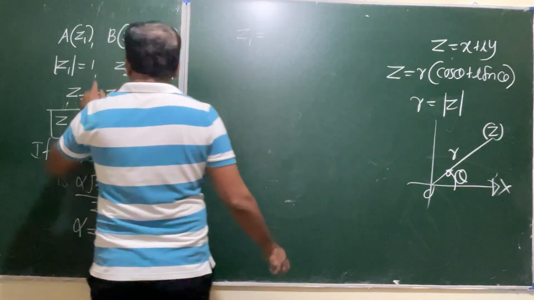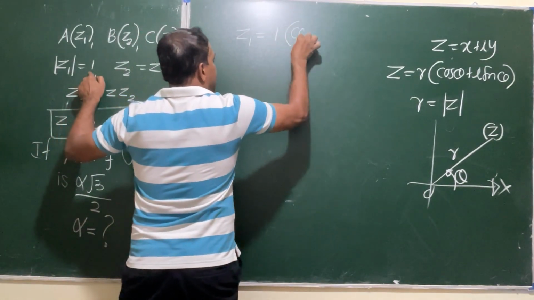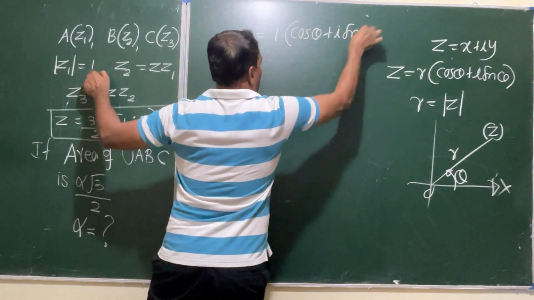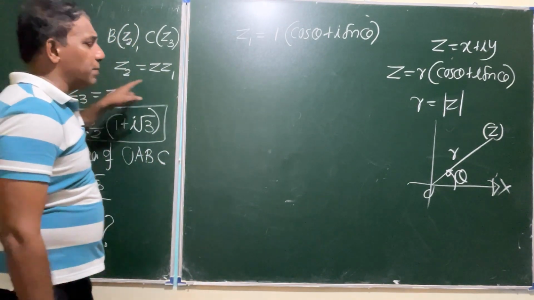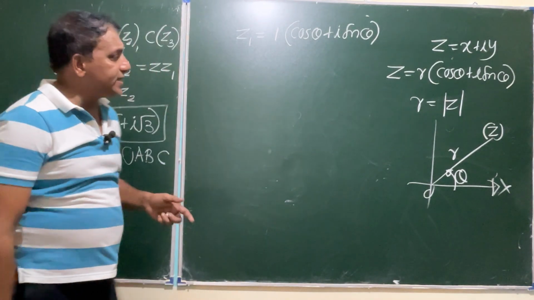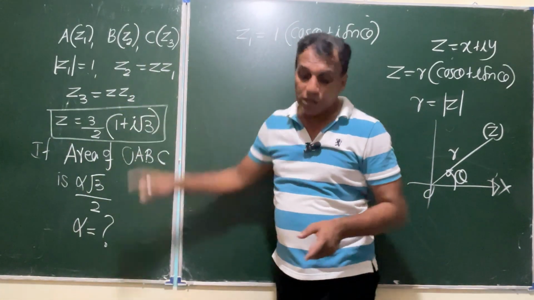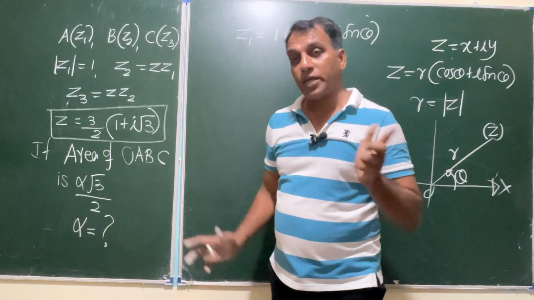Therefore, see, Z1 with modulus 1 is cos theta plus i sin theta, right? So can I use this complex number z1 like that? Cos theta plus i sin theta, given the modulus of the complex number z1 is 1. Okay.